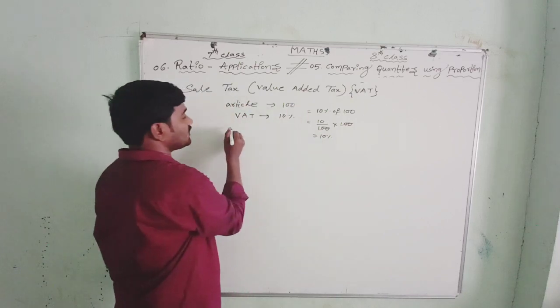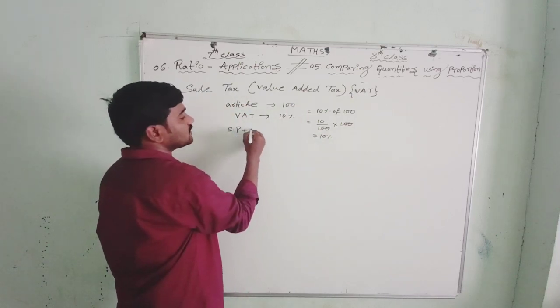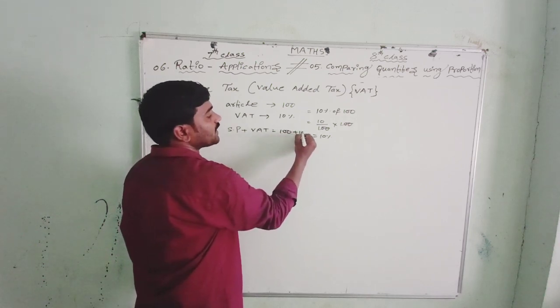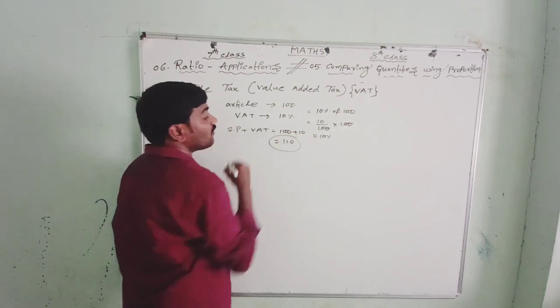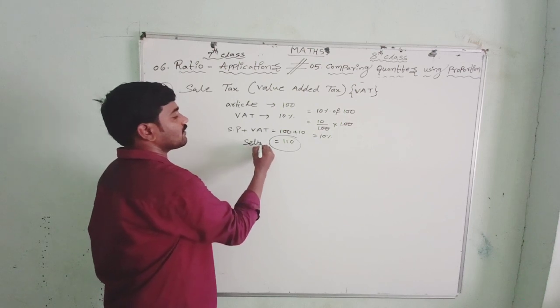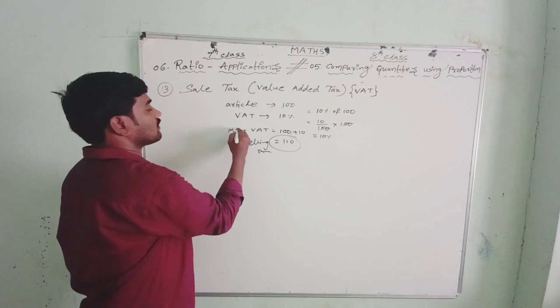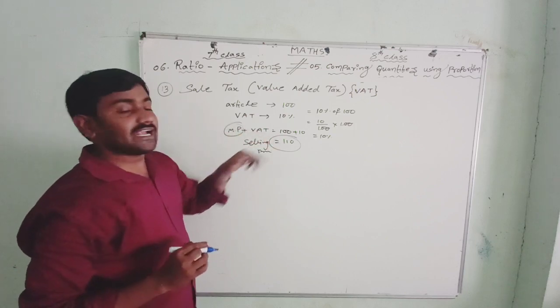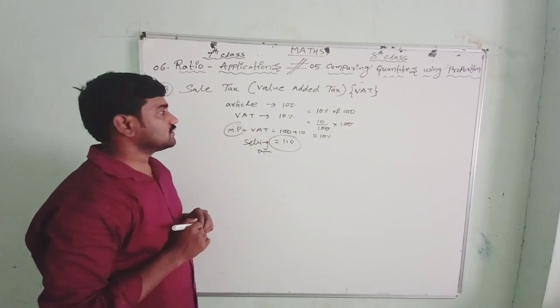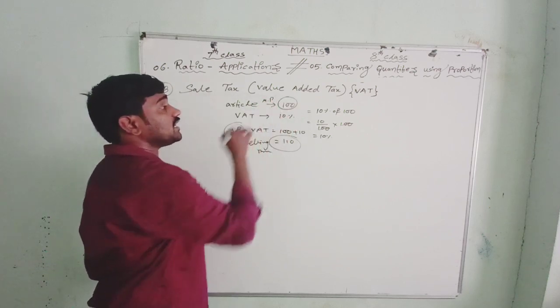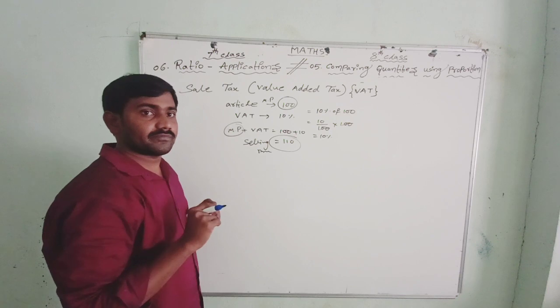This 100 rupees selling price plus this VAT, that is 100 plus 10, gives the market price. Market price is selling price plus VAT. So this is the market price printed on an article.